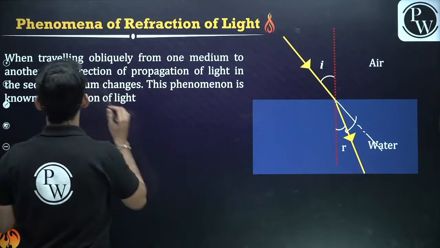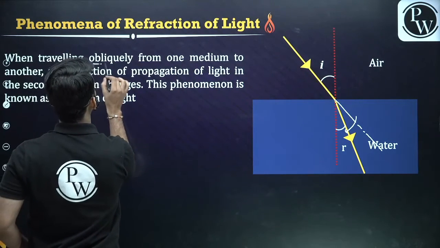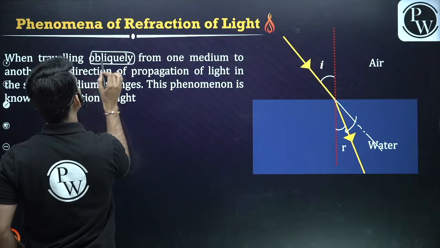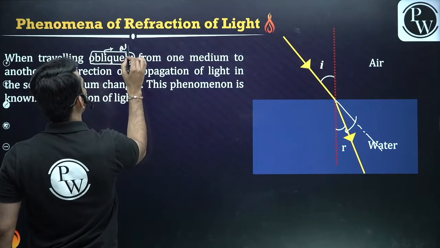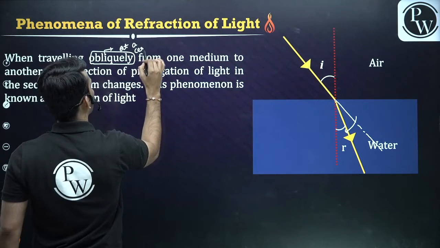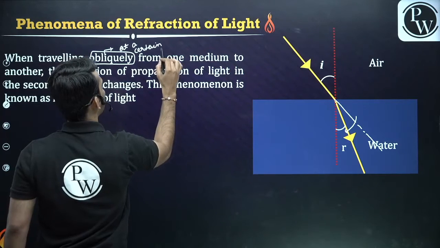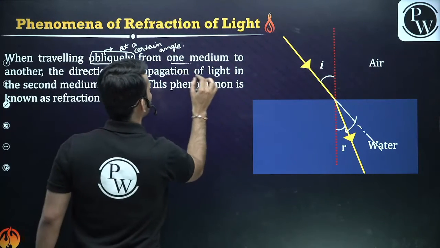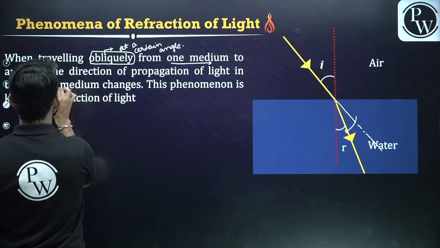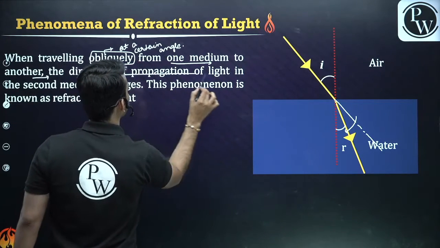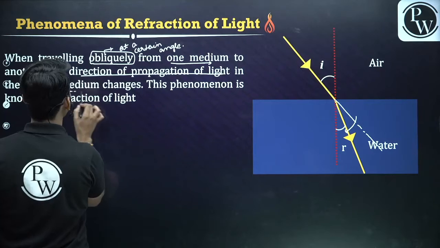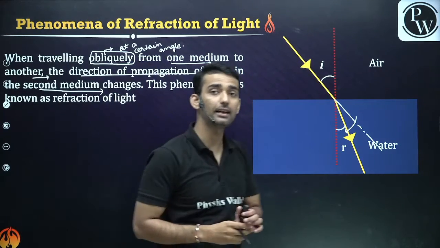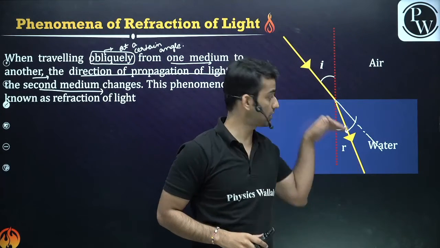So what is refraction? When light travels obliquely. Obliquely means at a certain angle. When light is traveling obliquely from one medium to another, the direction of propagation of the light in the second medium changes. You can see the direction has changed now. It is not going straight.